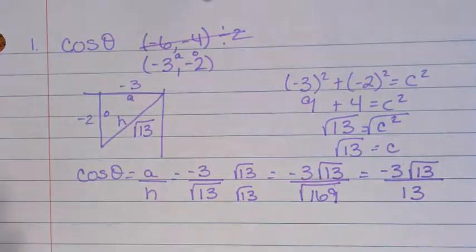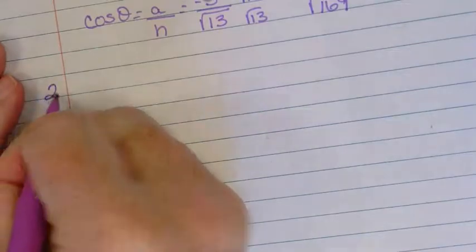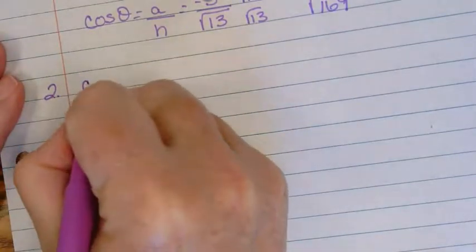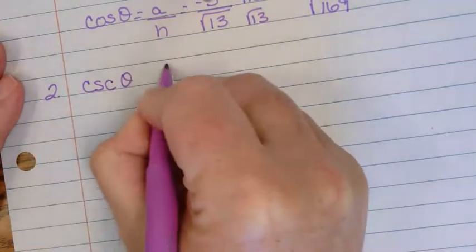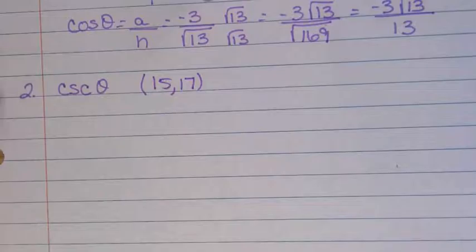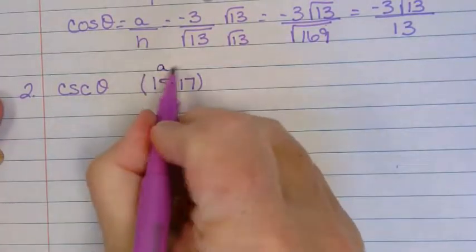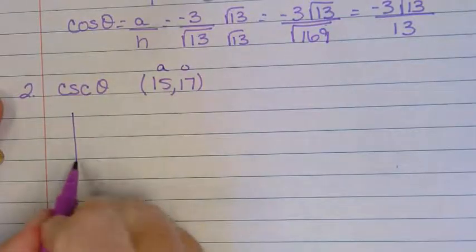Okay, so let's look at number 2. Cosecant, and the points are 15 and 17. Oops, sorry, didn't mean to turn that. Can't reduce it, so AO, we're nice in quadrant 1.